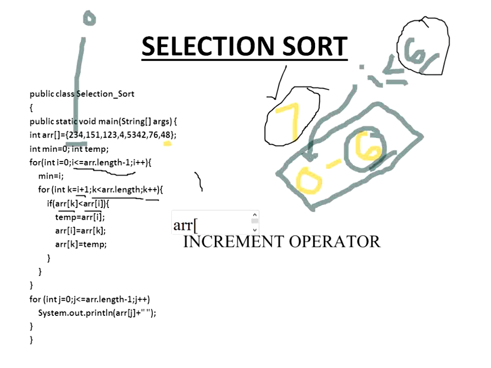So ARR[1] refers to the data element which is present at index location 1. The index value of this data item is 0 and the index value of this data item is 1. So it refers to 151. ARR[k] refers to 151.